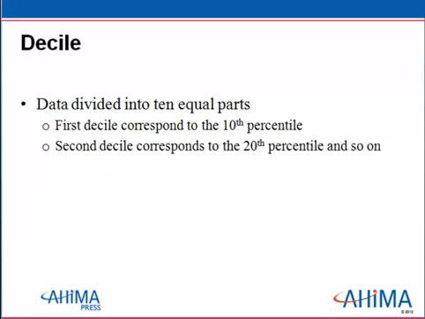Deciles represent data divided into 10 equal parts. The first decile corresponds to the 10th percentile and includes the first 10% of scores. The second includes the 20th, and so on.